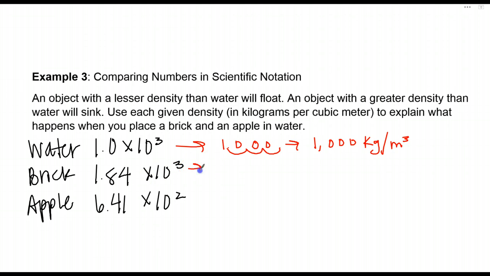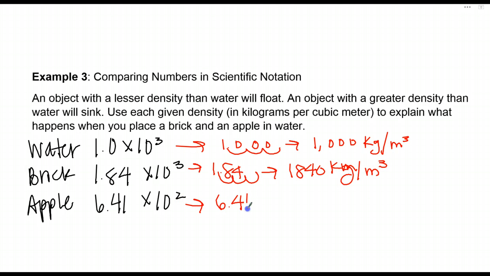You're going to swoop 3 times to the right as well. 1, 2, 3. So this is now 1840 kilograms per meter cubed. And an apple, 6.41. I'm only swooping twice since it's 10 to the second, to the right, and you get 641 kilograms per meter cubed.